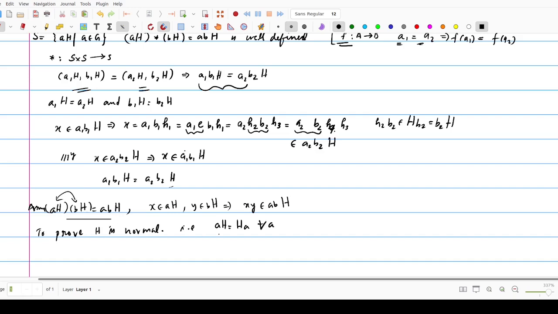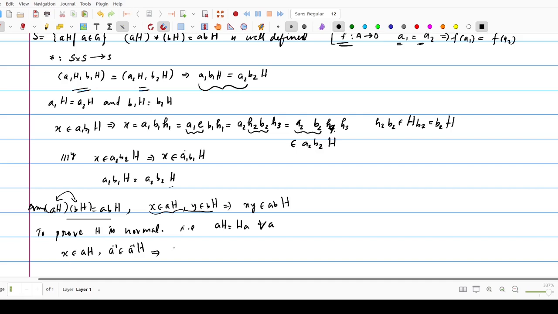So by assuming this, we need to prove that AH equal to HA. In order to prove AH equal to HA, we start with an arbitrary element X from AH, and we'll prove that that is also an element of HA. Along with X, we choose A inverse from A inverse H. Obviously A inverse H is the coset containing A inverse, so A inverse is a member of A inverse H. So by this argument, we know that whenever X belongs to AH, Y belongs to BH, then the product is in ABH.